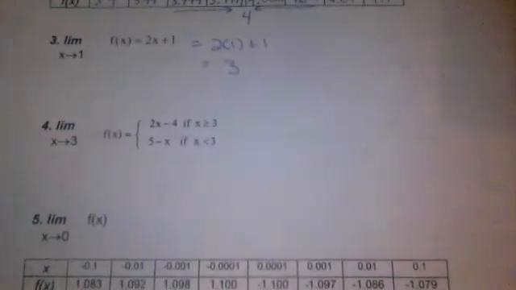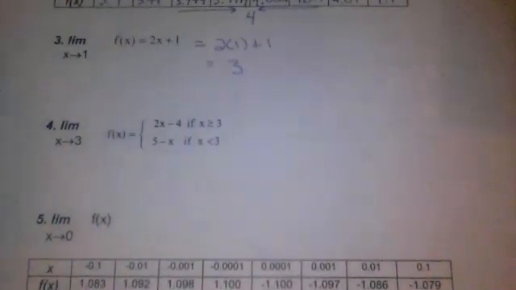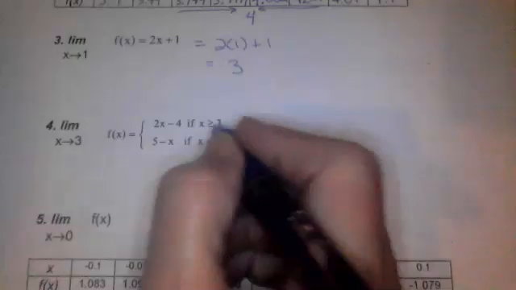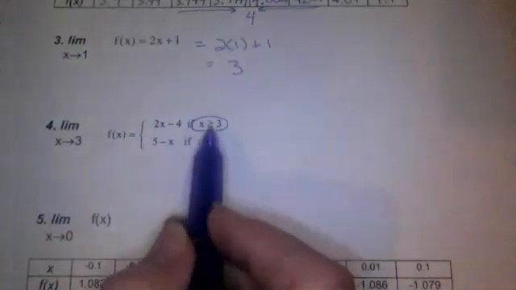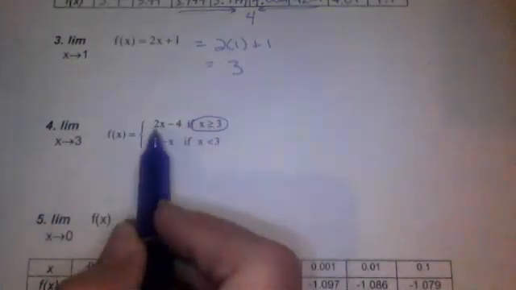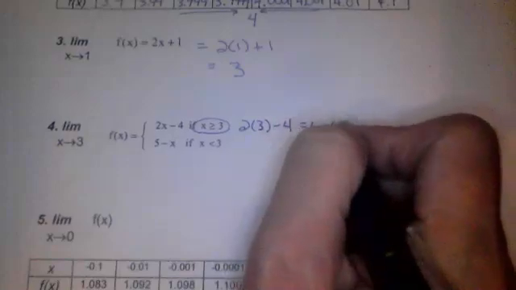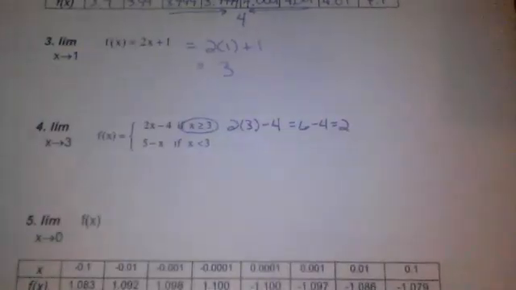All right, for this next one, we also could plug in the 3. Now, if we wanted to evaluate just the function at 3, we would use this equation, because this is where x is equal to 3. So let's plug that in. It would have 2 times 3 minus 4, or 6 minus 4, which is 2.